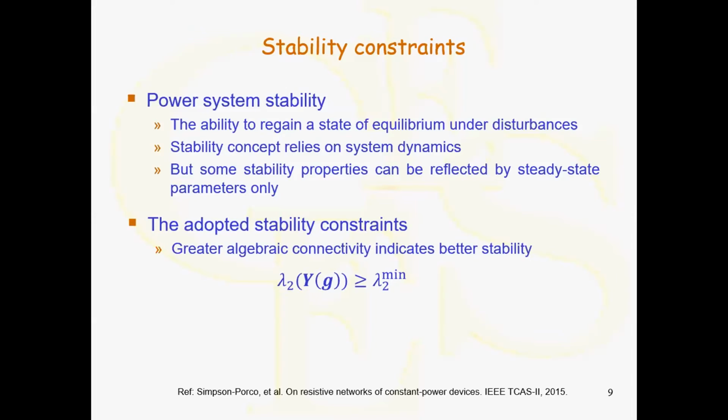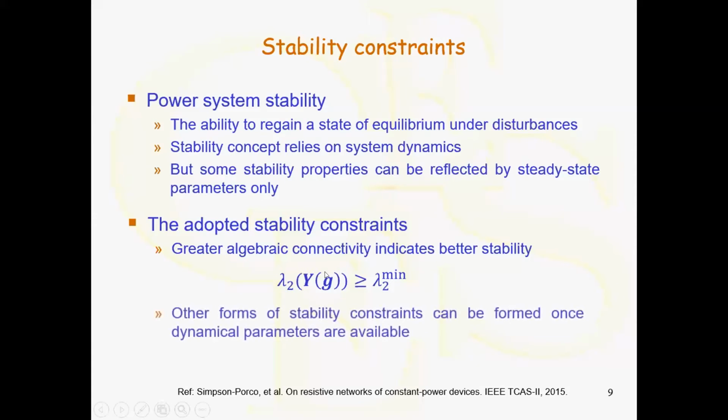And this is due to the fact that a greater algebraic connectivity usually indicates better stability in some situations, and you can refer to the reference below as an example. Of course, other forms of stability constraint can be taken into consideration once the dynamical parameters are available.